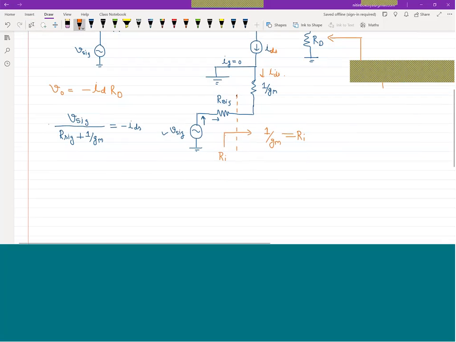So what I can say, V out is equivalent to minus IDS into RD, or you can say this is minus and minus plus, so this is V signal, R signal plus 1 by Gm multiplied by RD.